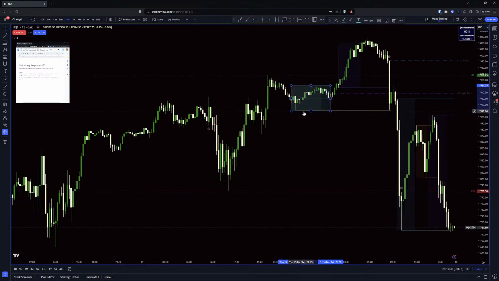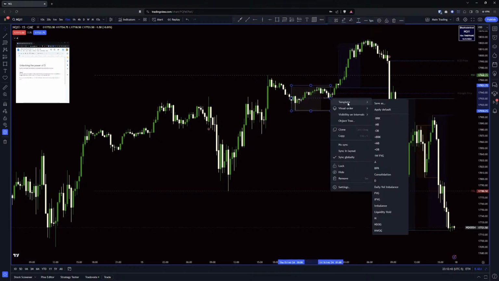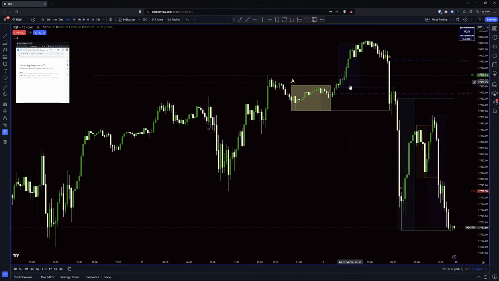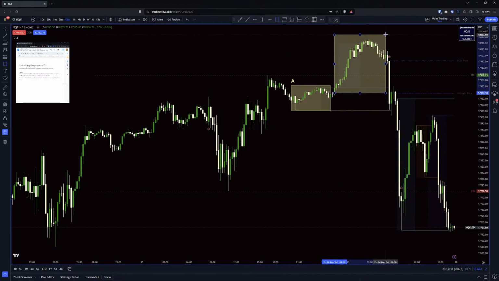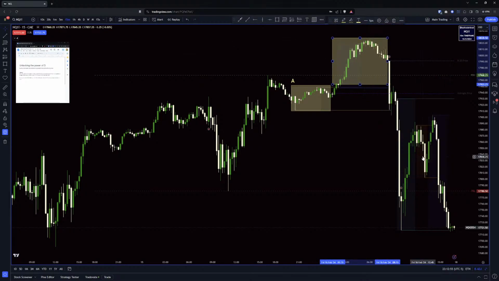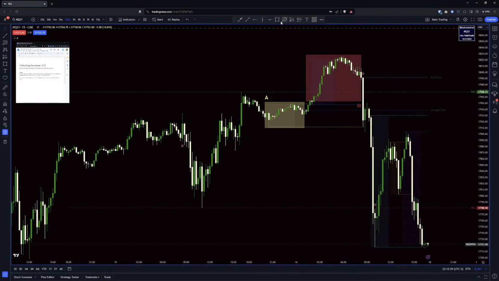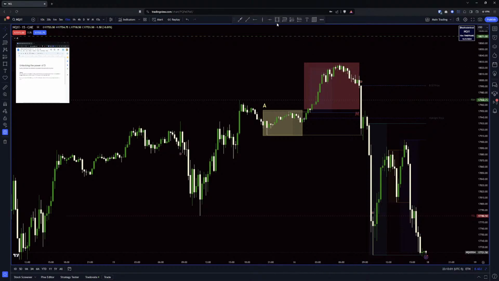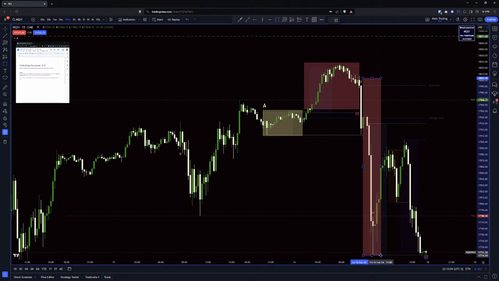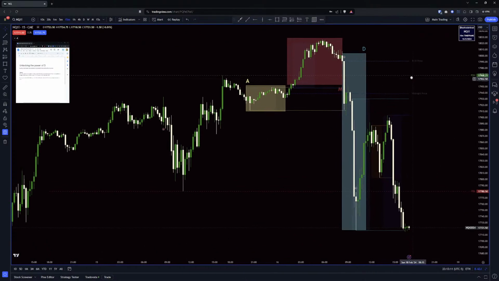So if we mark this out, A for accumulation, maybe we have a manipulation move here, right? And then we have the distribution move here, right? So that's AMD, that's the power of 3.